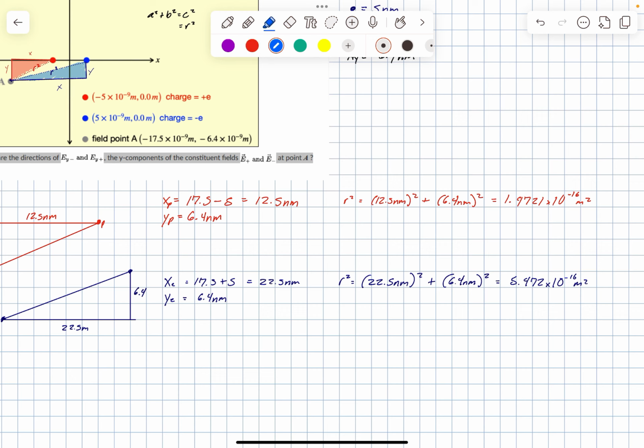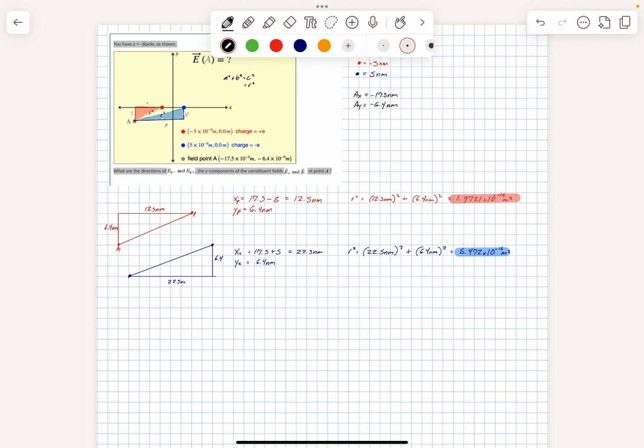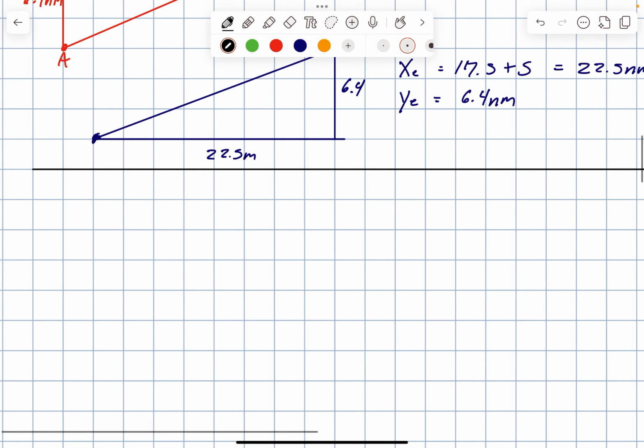So now we're going to set that aside and focus on the electric field portion. Let me highlight these values just so that we can find them easily. Recall that when we're working with electric fields, we're going to be using a specific formula. So E is equal to KQ over r squared.